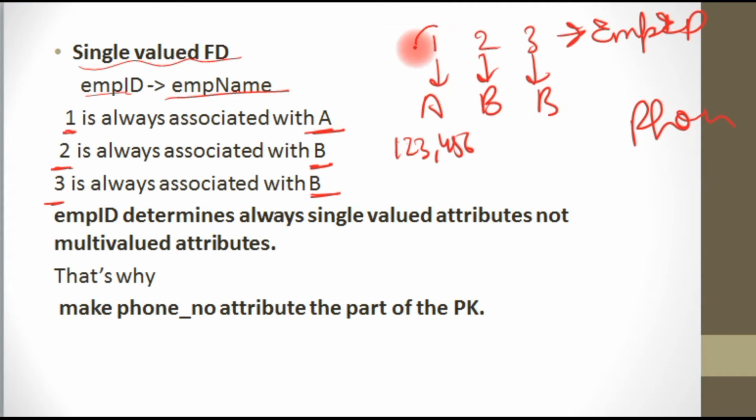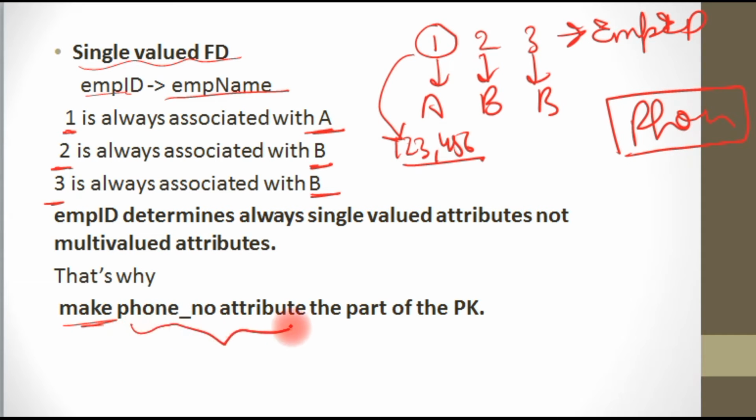So we can say that 1 is mapped to multiple values. A single valued functional dependency cannot determine the multi-valued attribute. So make the multi-valued attribute, that is phone number, part of the primary key. Then this relation becomes first NF.